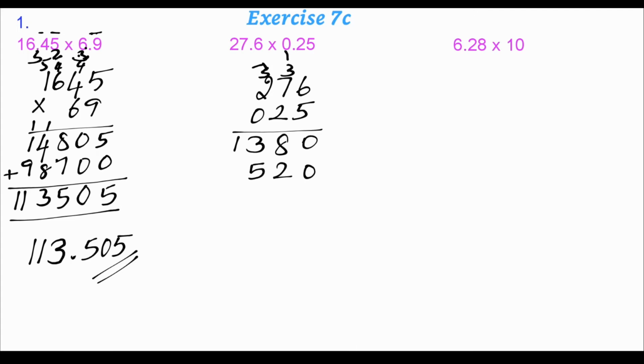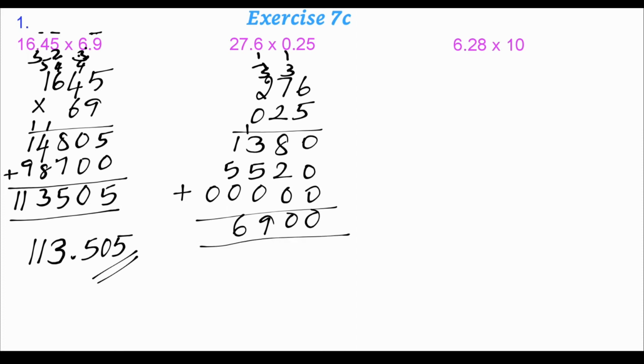Then it makes 15. 1 carry. 2 2s are 4 and it is 5. And then 0 0. 0 6s are 0. 0 7s are 0. 0 2s are 0. So adding this, 0, 10, 1, 6, 7, 8, 9, 6. Now we have to count the decimal places. Here also we have 3 decimal places, no? So our answer will be 6.900, or you can write it as only 6.9.